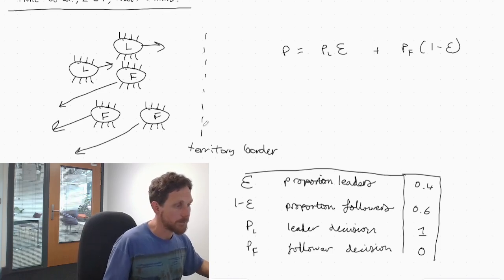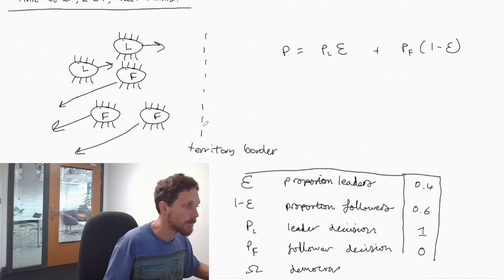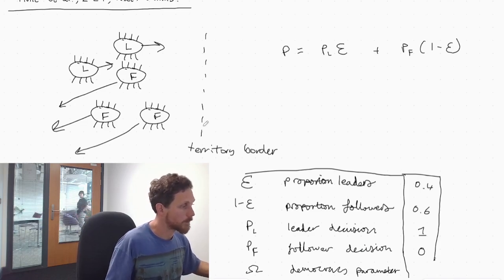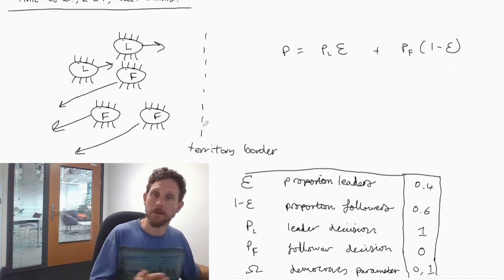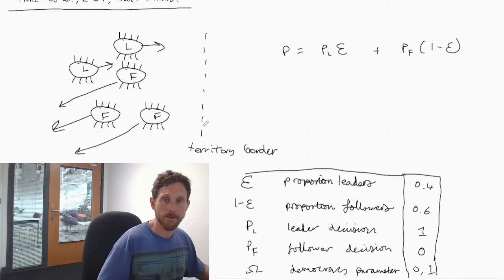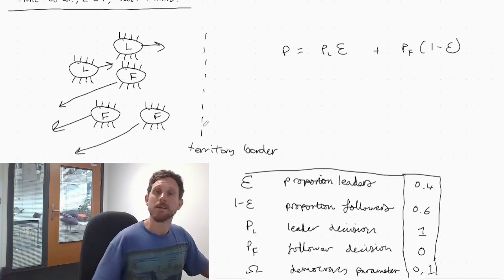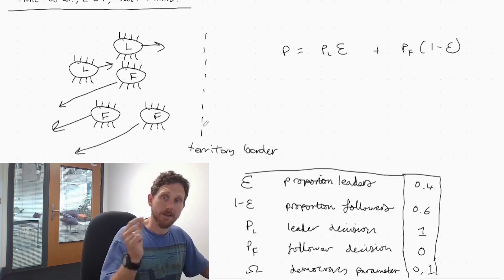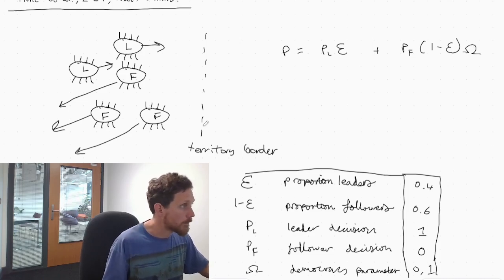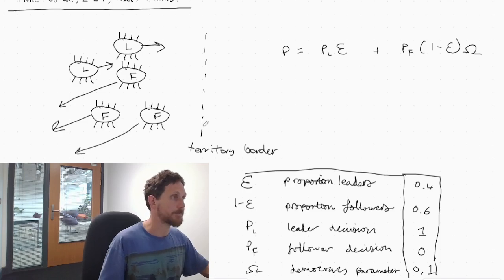So here's where we need a final parameter, which is called the democracy parameter. And we're going to walk through examples where this democracy parameter takes values of 0 and 1. But if you like, you could do the example where it equals 0.5 or any number you like. So back to the equation at the top. Followers are multiplied by their strength in numbers, but they're also multiplied by this democracy parameter.